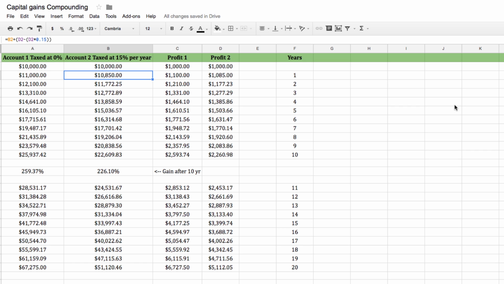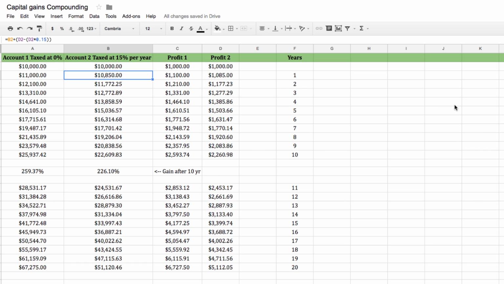That's going to take away $162 off of their earnings, and so now their account value is only going to be worth around $11,780.